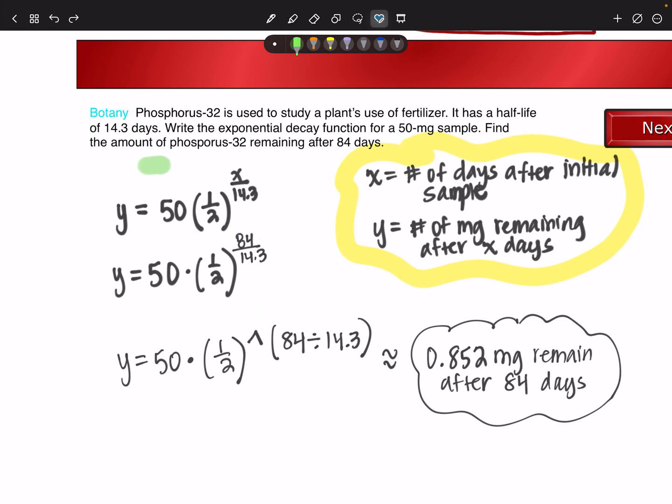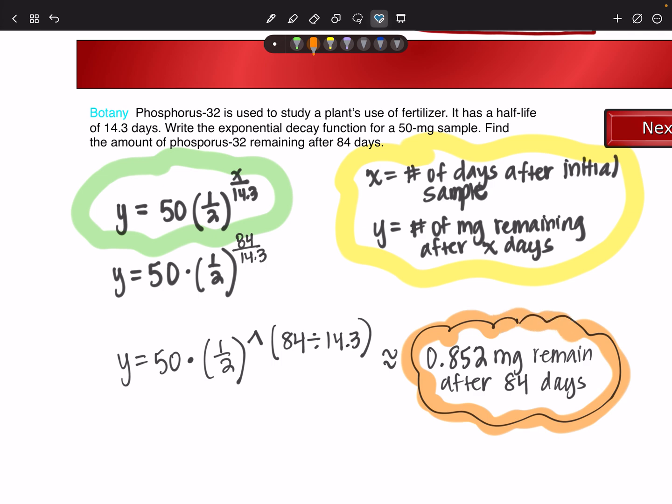That's not the function. This is the function. Be sure that you're writing the function with an input and an output. Then show your work as to what you're putting in for that x value to get your answer of 0.852 milligrams.